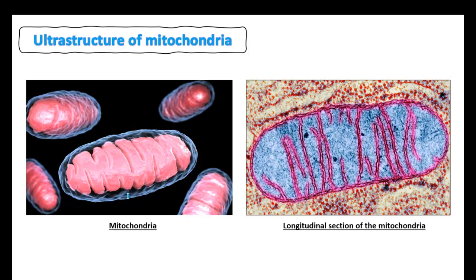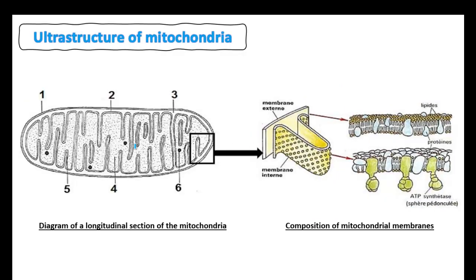This is an outer view of this organelle, but we want to see inside of it, maybe we can find something related to making ATP. So in the second picture we have a longitudinal section of the mitochondria so that we can see the inside of it.